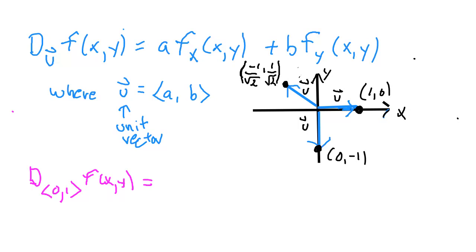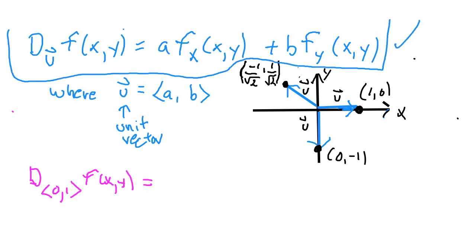And of course, we're going to utilize this formula here. That's going to equal something times the partial derivative with respect to x plus something times the partial derivative of f with respect to y.